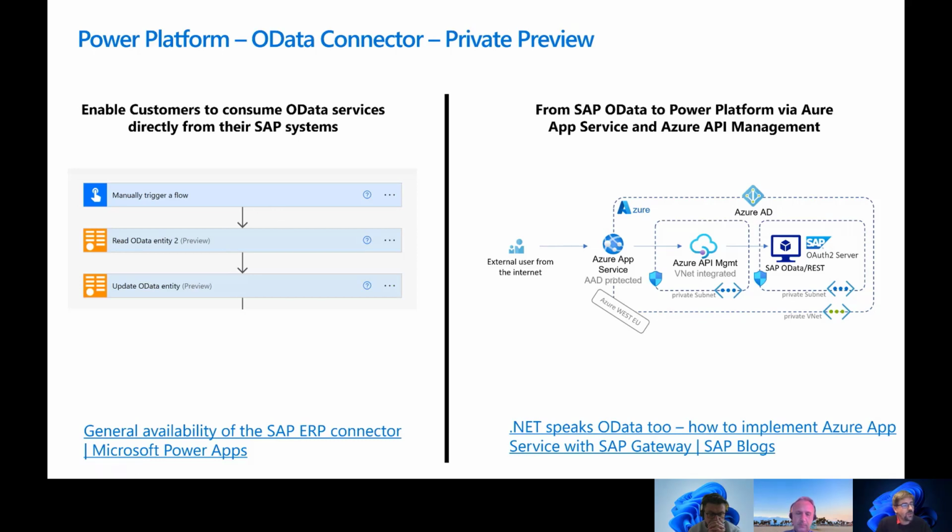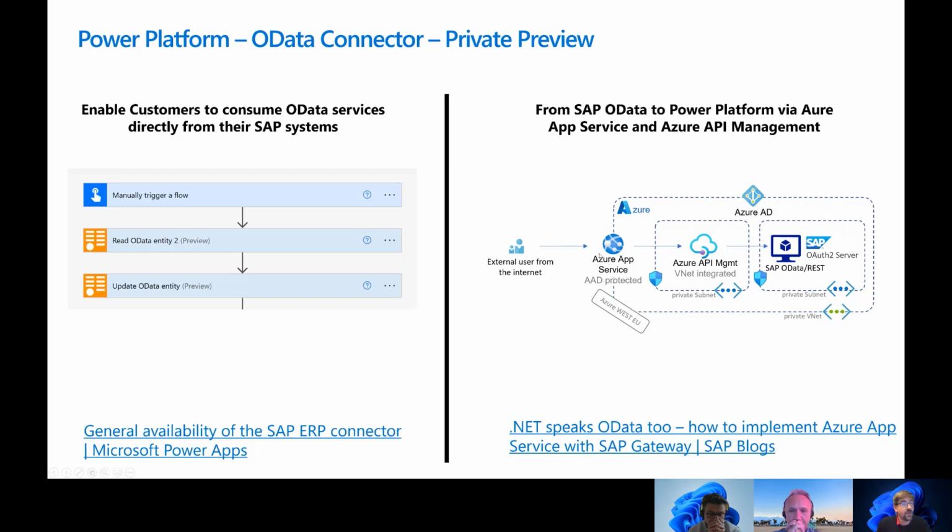But I also want to highlight at the same time another great blog post from Martin Pankratz, where he talks about how you don't necessarily need to use the OData connector, but there are also other ways to do that. I think we talked about this in a previous episode as well, where we can use Azure API Management and the app services to connect to an OData service.